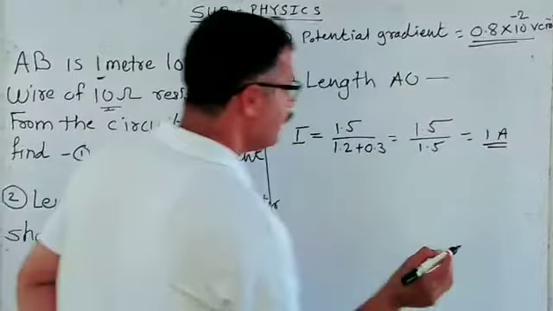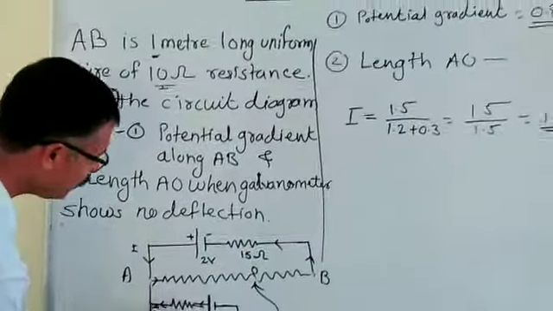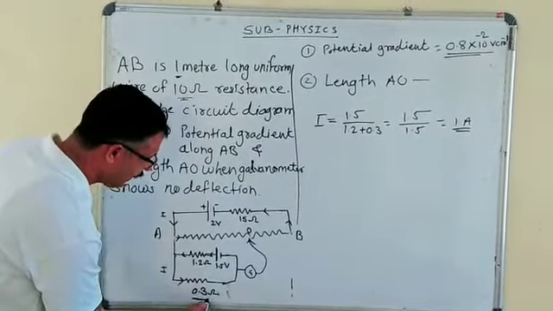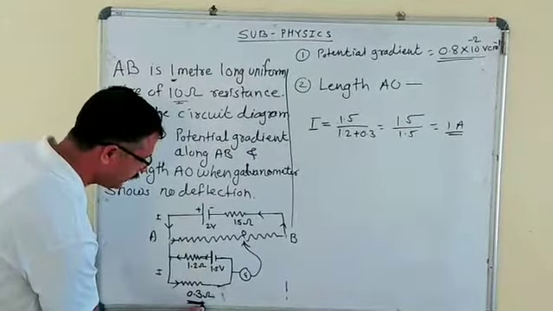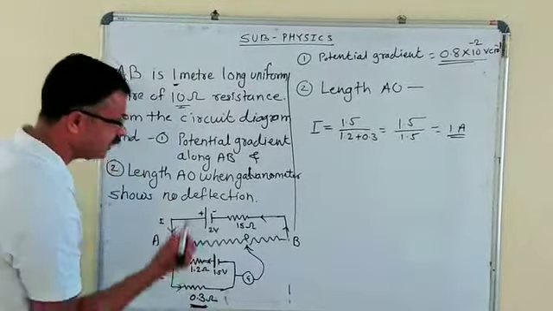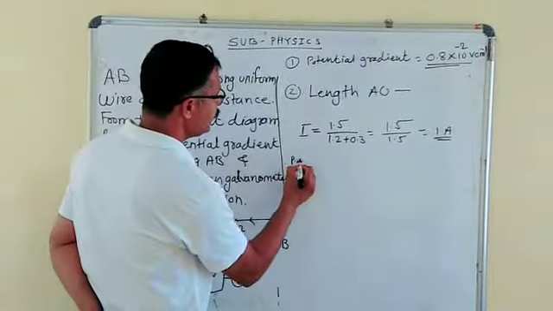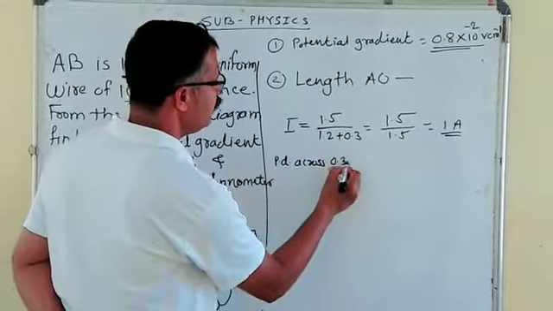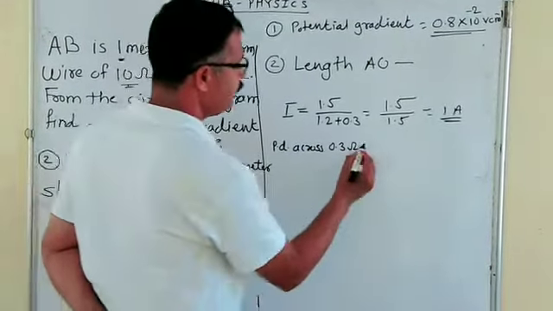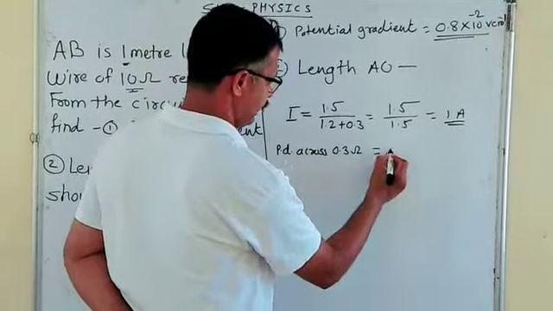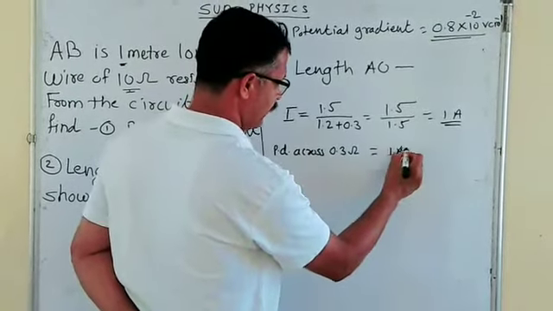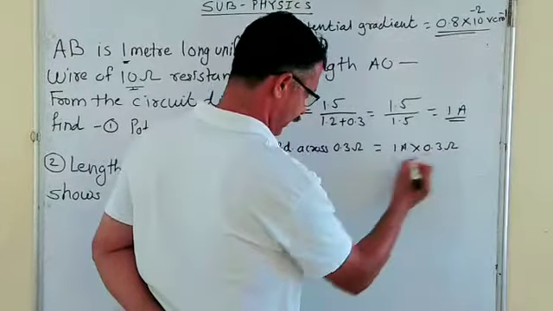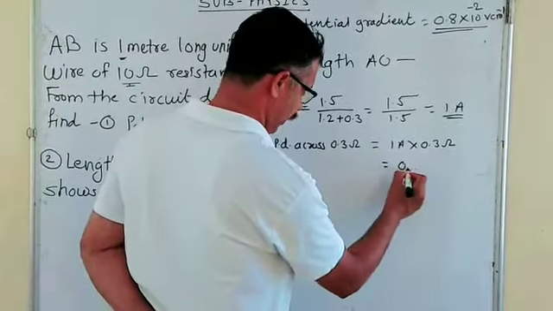This 1 ampere is the current flowing through this circuit. Now our duty is to find the potential difference across the 0.3 ohm resistor. Hence the potential difference across the 0.3 ohm resistor is I, 1 ampere, into the resistance 0.3 ohm, which leads to 0.3 volt.